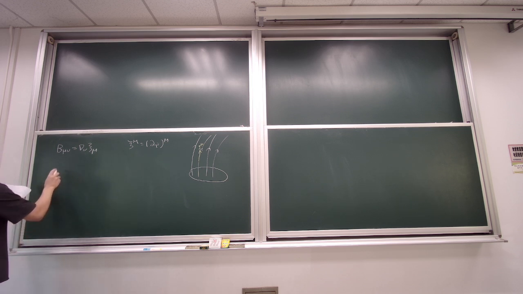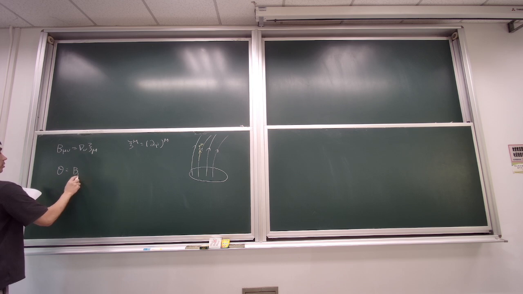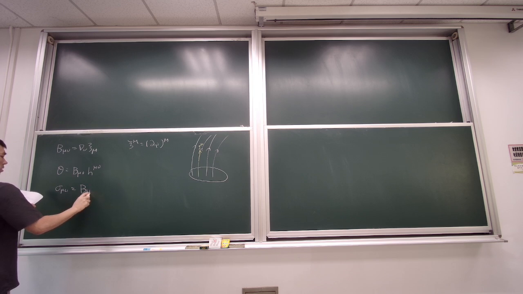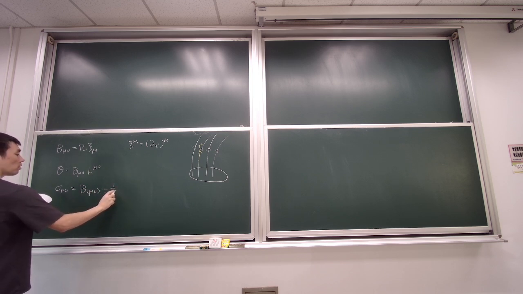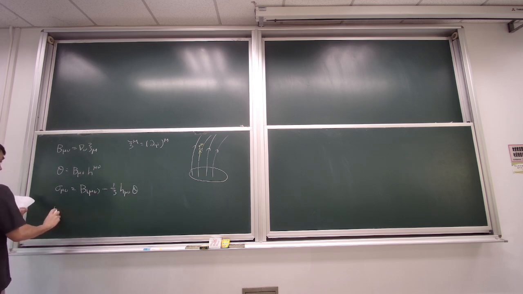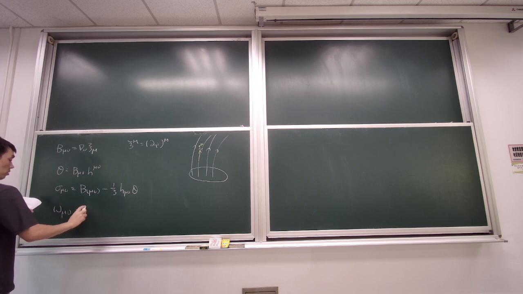So θ is the trace of B_μν. Since this is timelike, I'm just considering the timelike h_μν, and then σ_μν is B_μν minus 1/3 h_μν θ, and then ω_μν equals the antisymmetric part of B, like this.